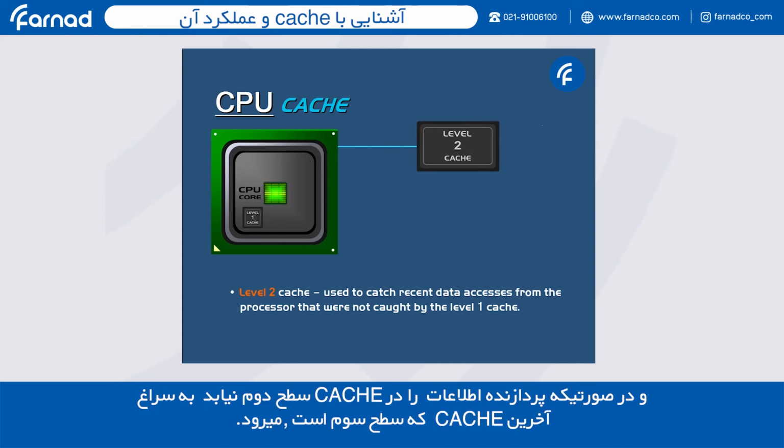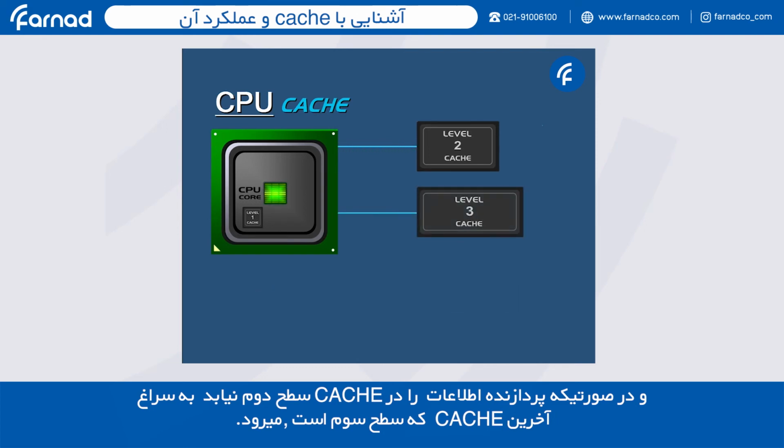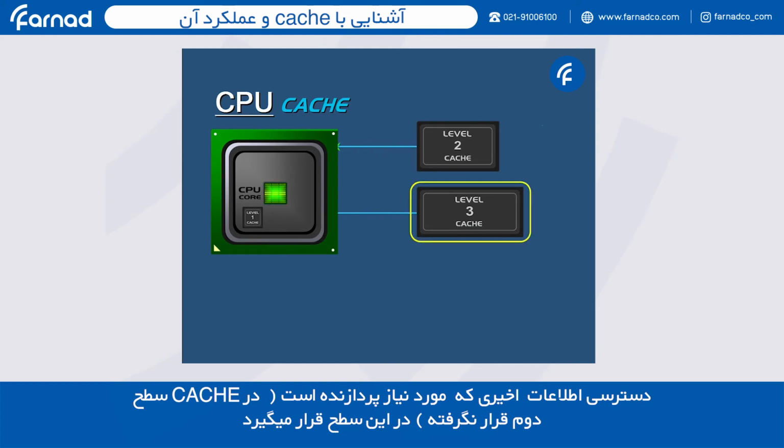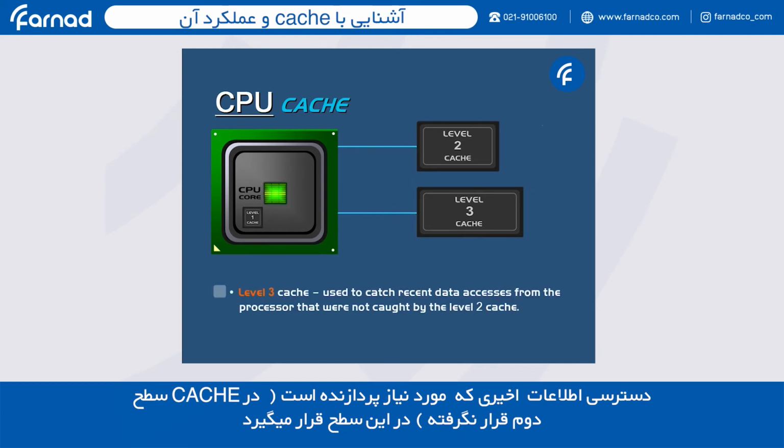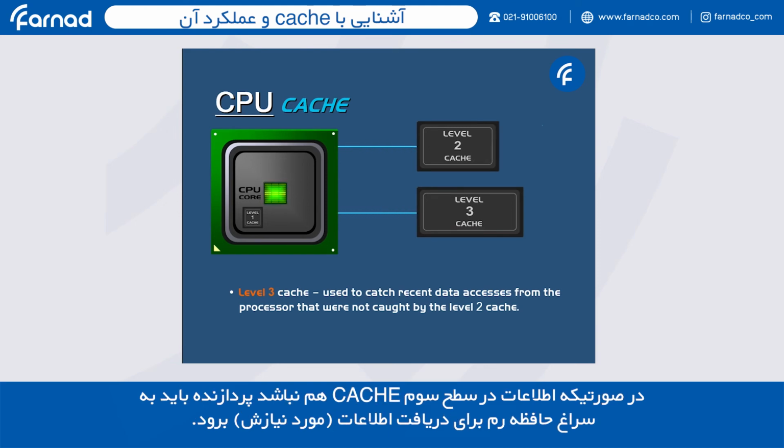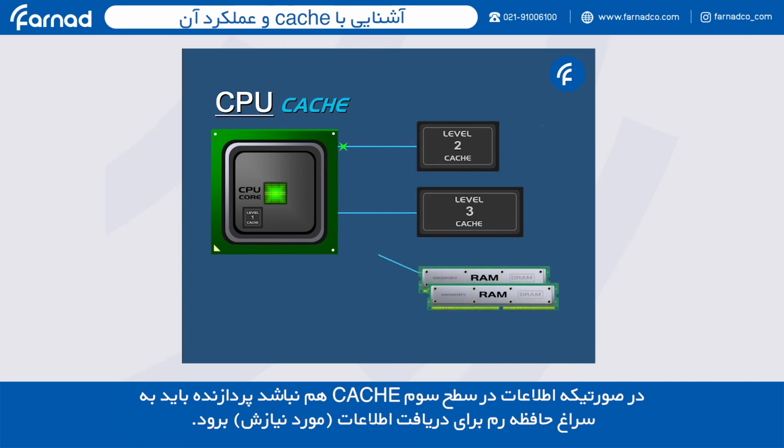And if the CPU can't find the data in the level 2 cache, then it searches the last level of cache, which is level 3. And level 3 cache is used to catch recent data accesses that were not caught by the level 2 cache. And finally, if level 3 doesn't have the data, then the CPU has to go back to the slower RAM to find the data it needs.